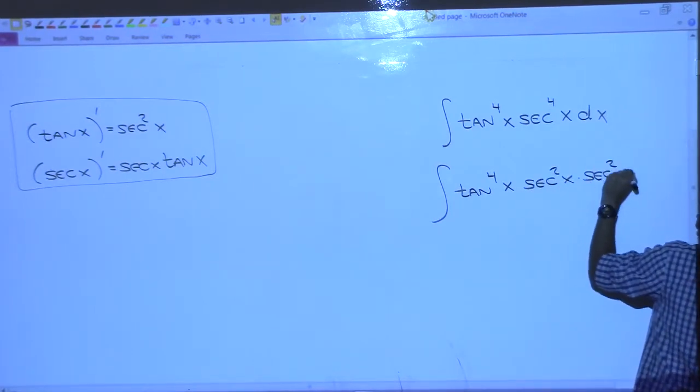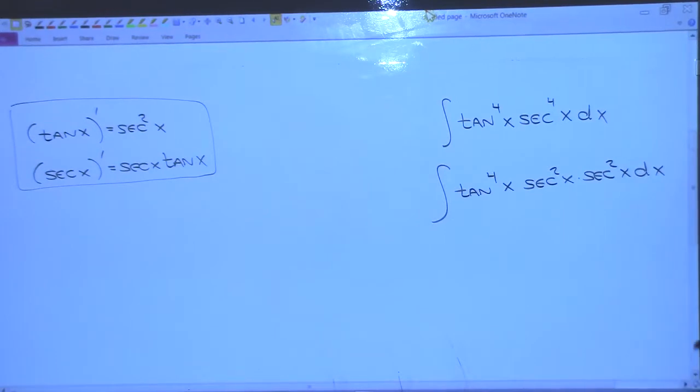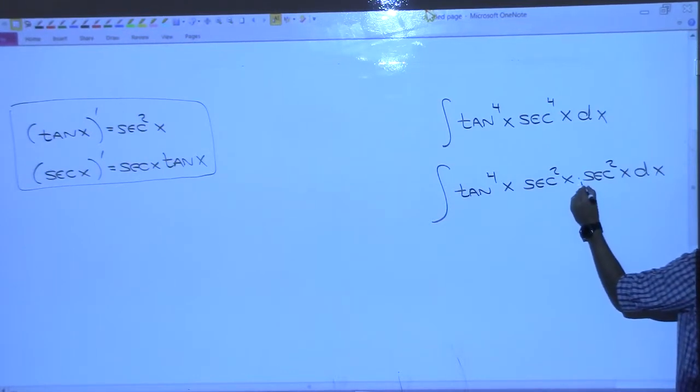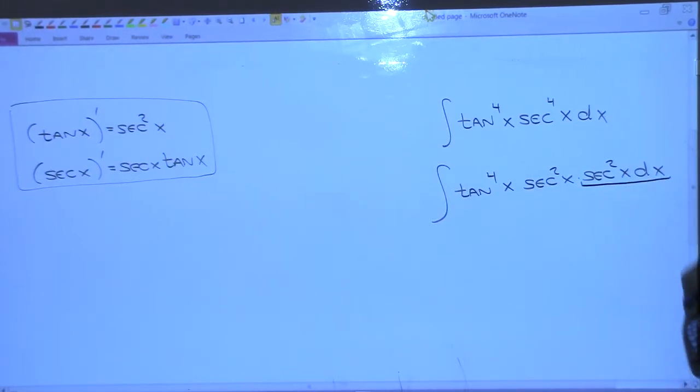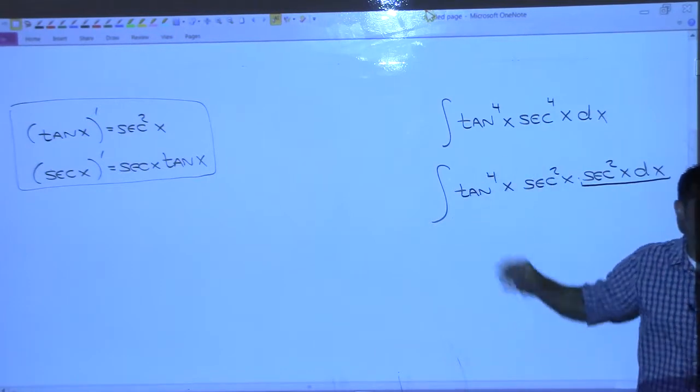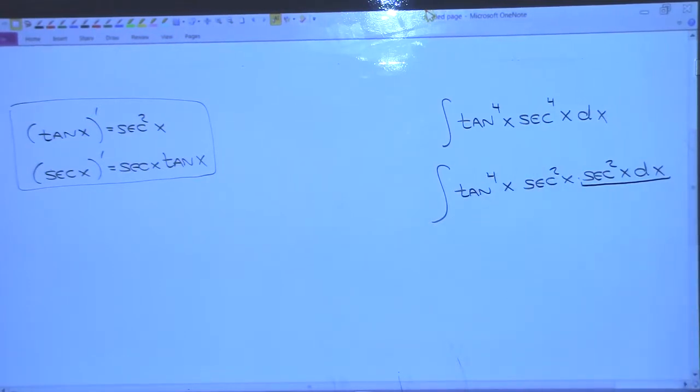So we rewrite the secant to the fourth as secant squared times secant squared. Now the reason we do that is because this secant squared x dx is the derivative of what? Tangent, right? So if I can somehow rewrite everything over here with tangents in it, then I'm in business, right? Because then I can let u be tangent.